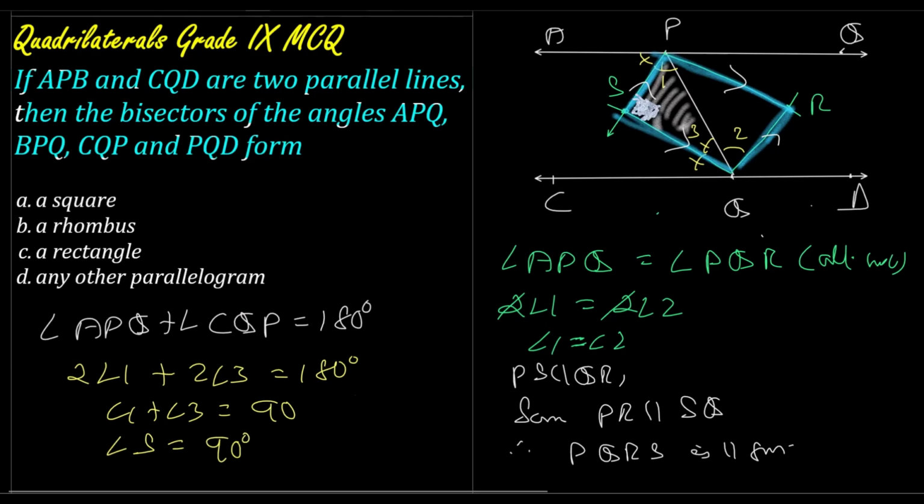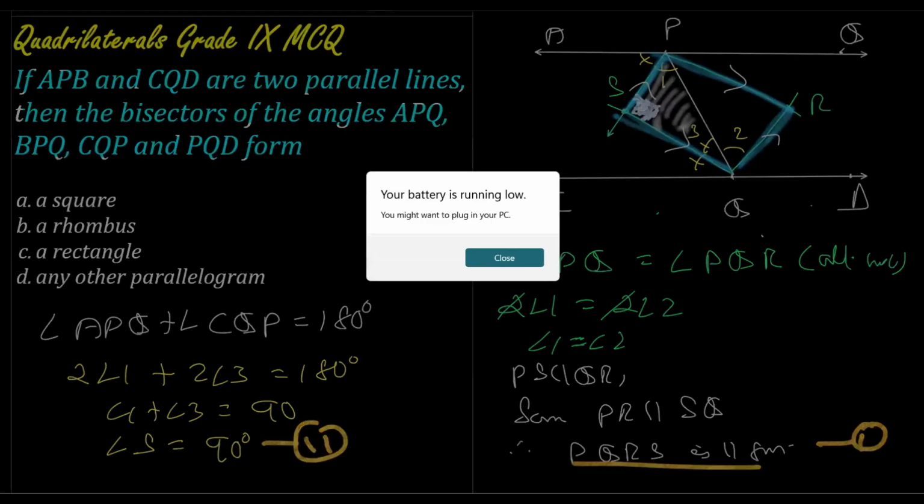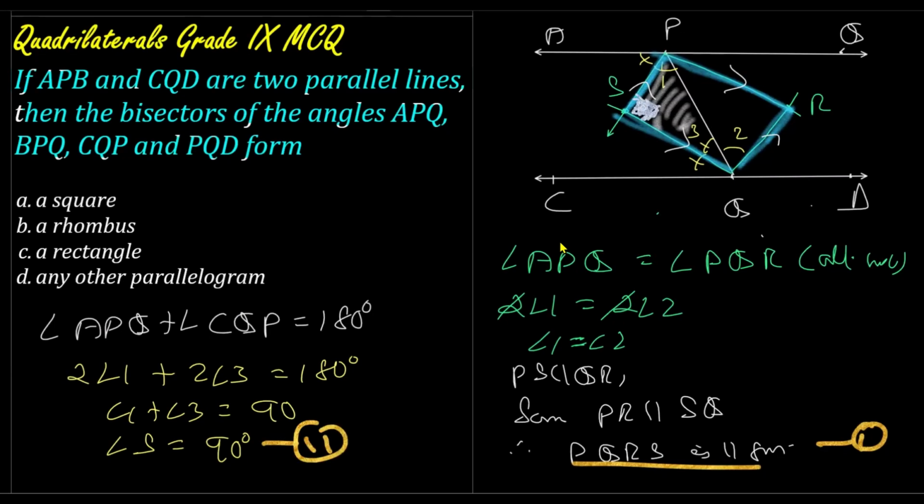Let's mark this as equation 1 and this as 2. We have proved this is a parallelogram, and a parallelogram whose one angle is 90 degrees is a rectangle. This is our correct answer, that is a rectangle. Property used: a parallelogram whose one angle is 90 degrees is a rectangle.